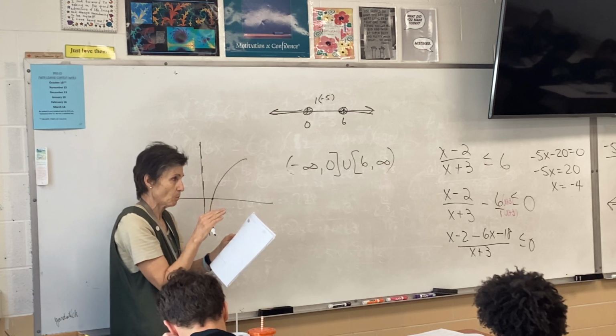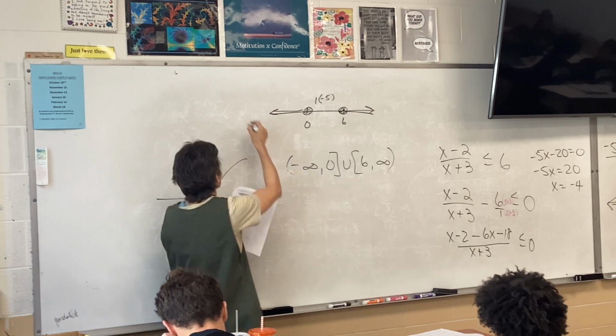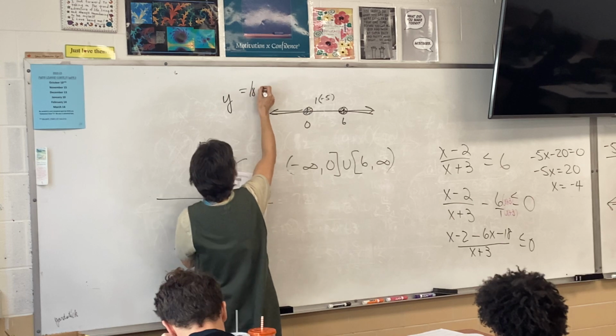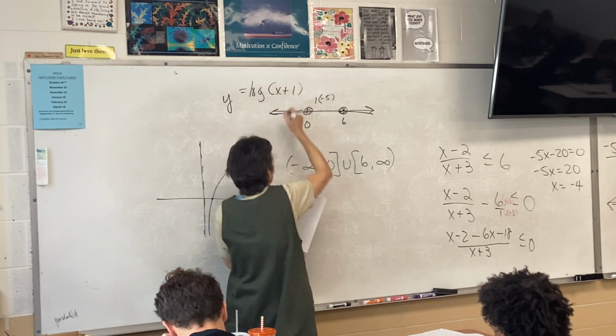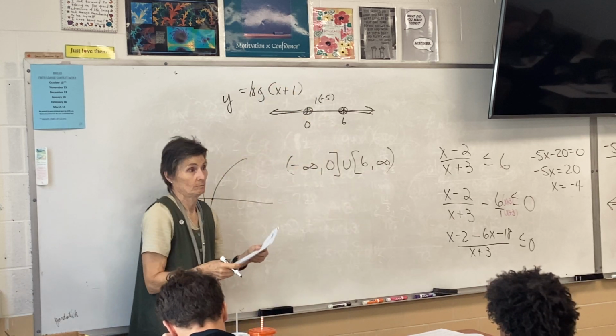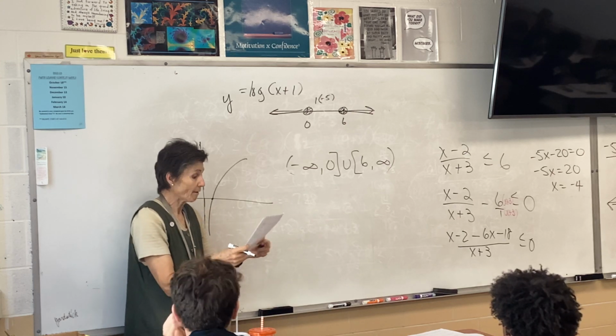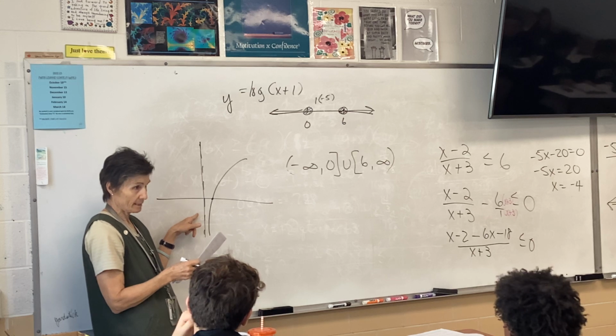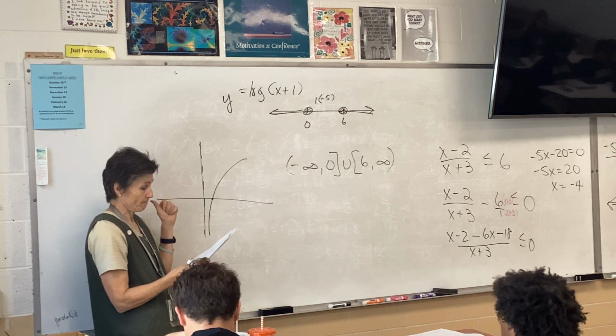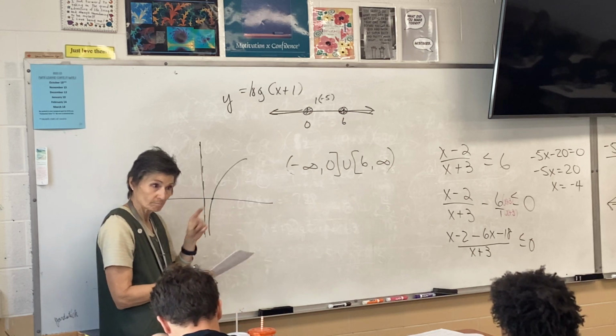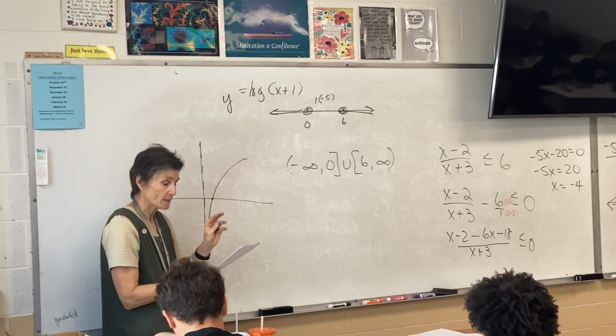That is an easy one. What has happened when we have x plus 1? What does that do to my picture? Moves it left 1. So which graph is this one exactly, except left 1? B. That's B, right? That's an easy one.